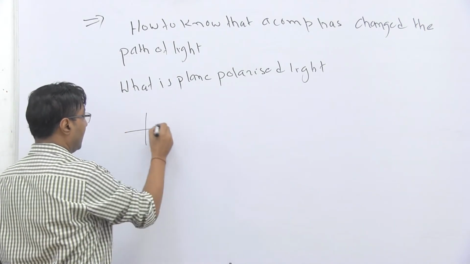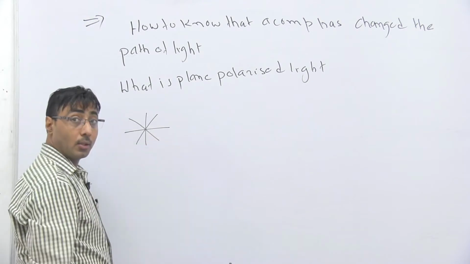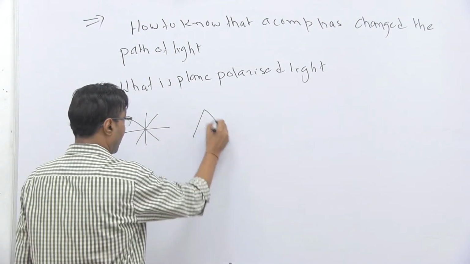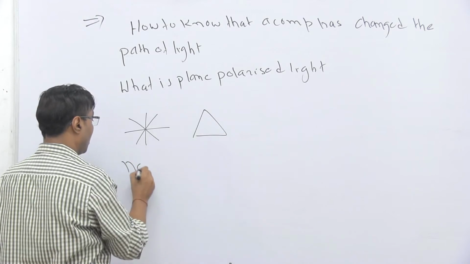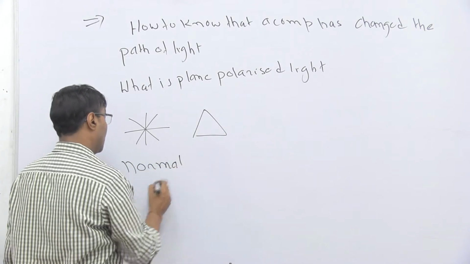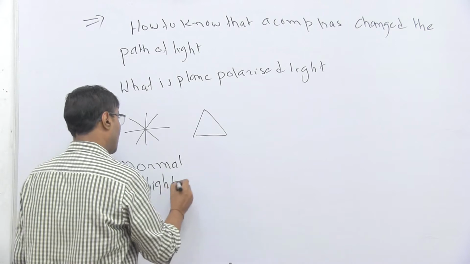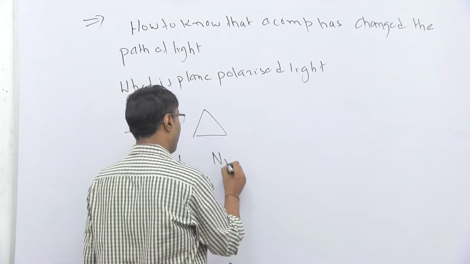This light, which can oscillate in all directions, in all axes, when it passes through a Nicol prism, it's a normal light which passes through the Nicol prism.